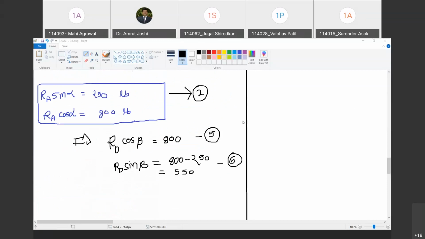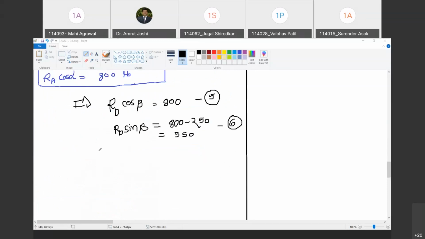And now we are going to solve equation number 5 and 6 simultaneously. How do we solve this? Same trick, equation number 6 by 5. 6 divided by 5 gives me 550 divided by 800 is equal to tan beta.